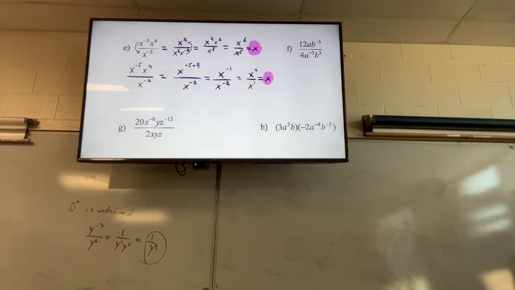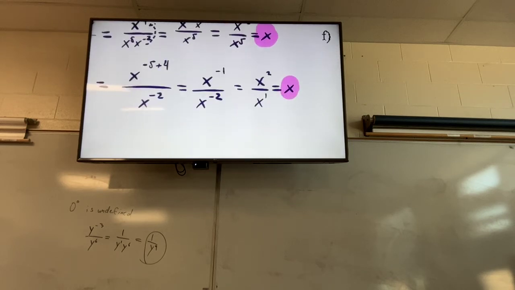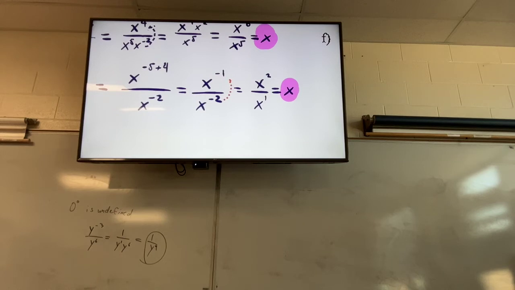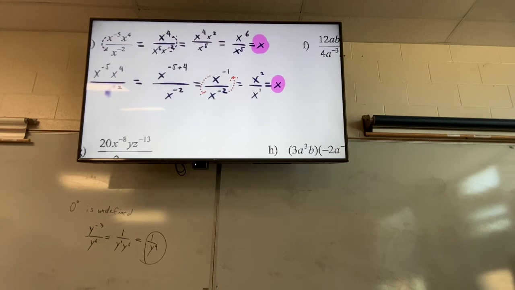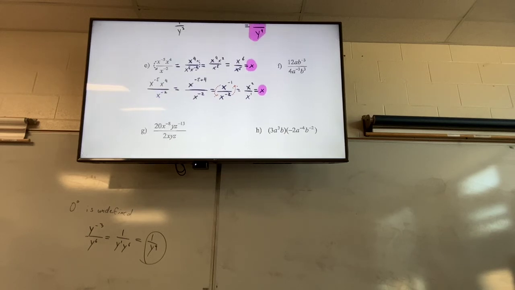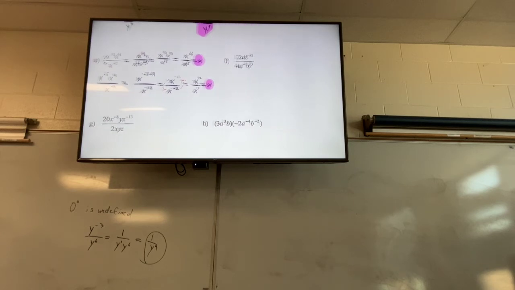First line or the second line, you can do either of those. You can still add exponents if they're negative. Does that second way make sense at all? Okay, cool.